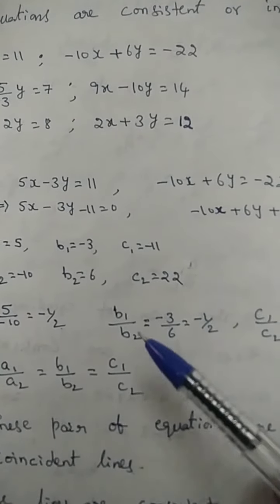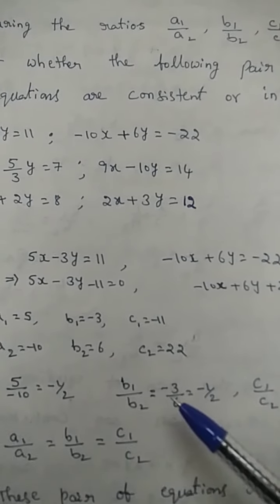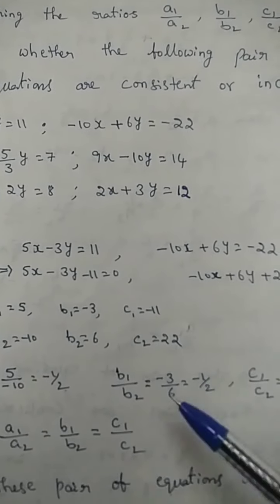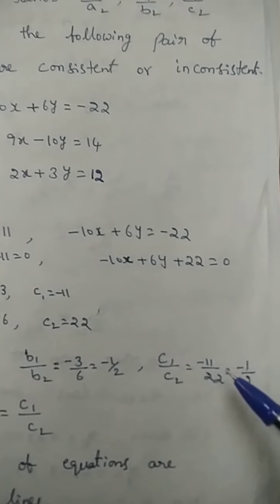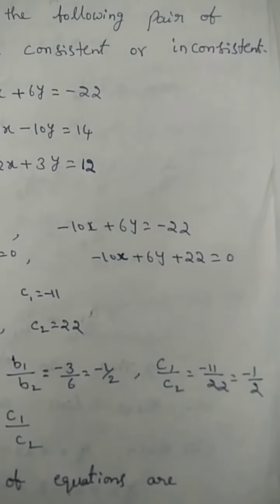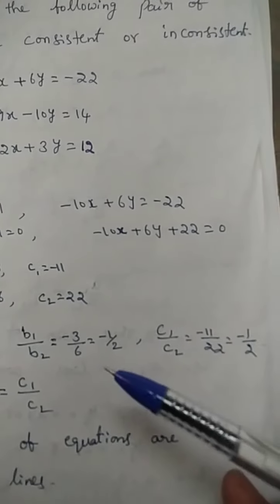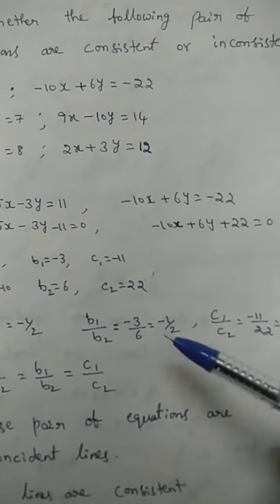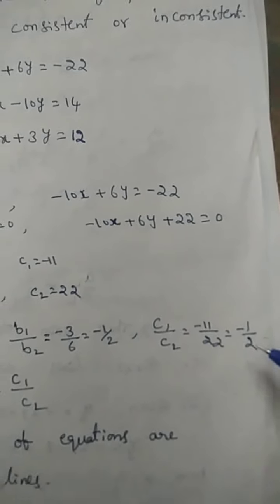Coming to b1 by b2: minus 3 by 6. 3 ones are 3, 3 twos are 6, so it is minus 1 by 2. Coming to c1 by c2: minus 11 by 22. 11 ones are 11, 11 twos are 22, so it is also minus 1 by 2. So a1 by a2 is minus 1 by 2, b1 by b2 is minus 1 by 2, c1 by c2 is minus 1 by 2.